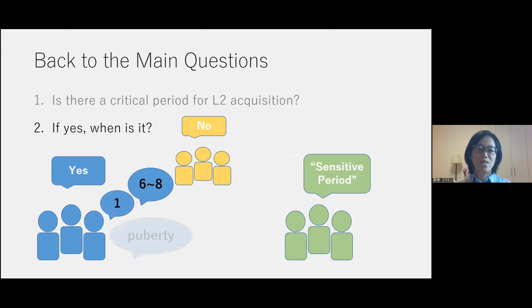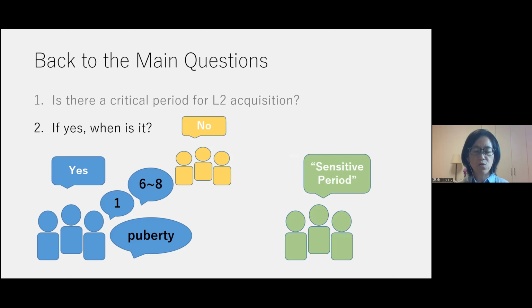So the second question: if there is a critical period, at what age is that end point? And here, even for the supporters of the critical period hypothesis, some say it's at age 1, and some say no, it's at age maybe 6 or 8, early elementary school, and some people say, well, at puberty.